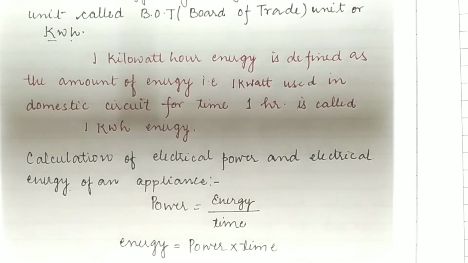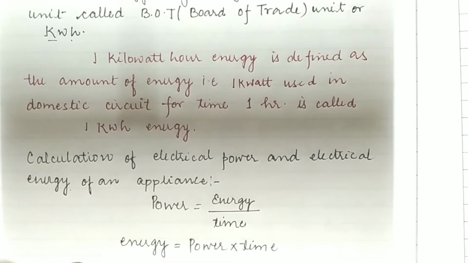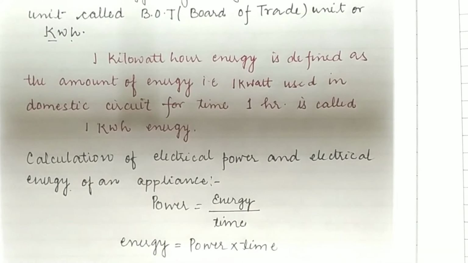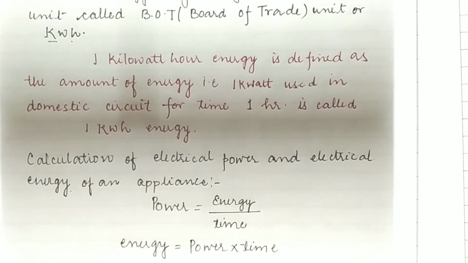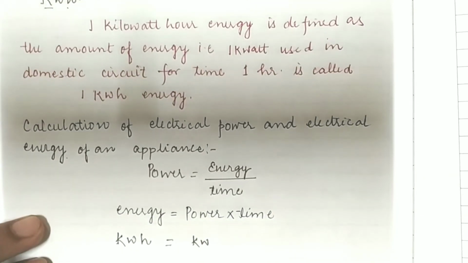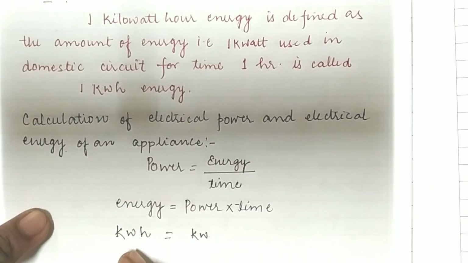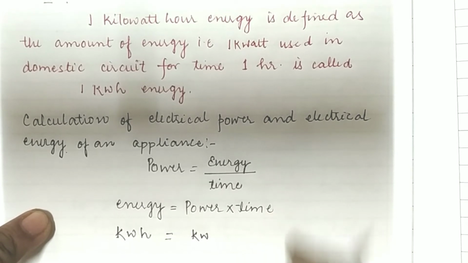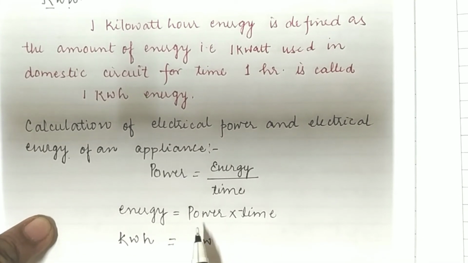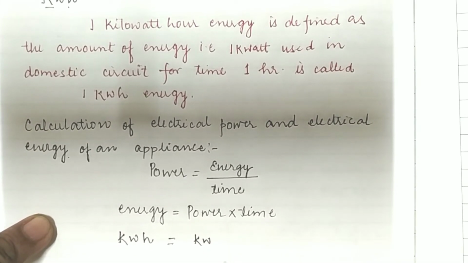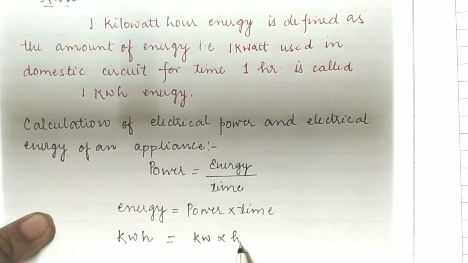Okay children, as we know, the unit of energy is kilowatt hour. Here the power will be in kilowatt, because we are using the energy for a longer duration of time, so it is a bigger unit, kilowatt, and the time of use is in hours.